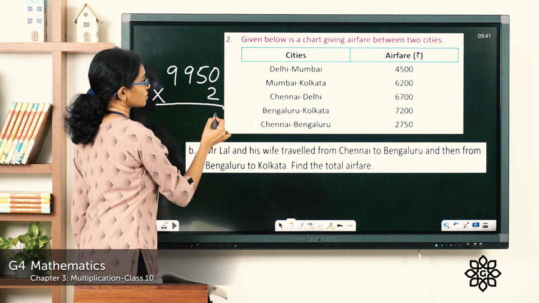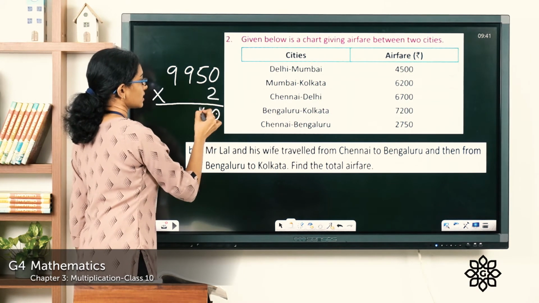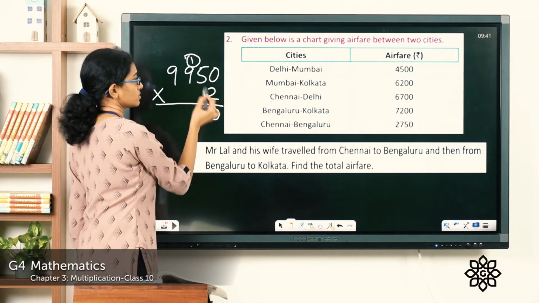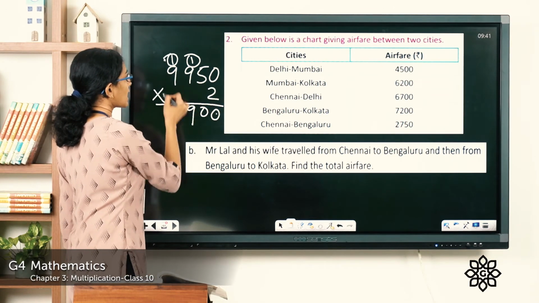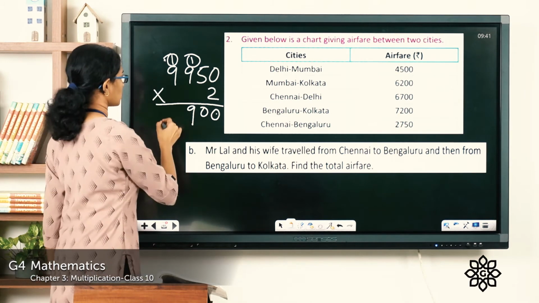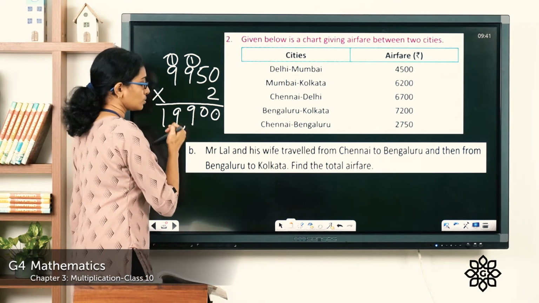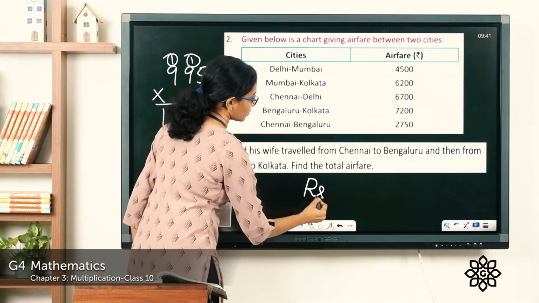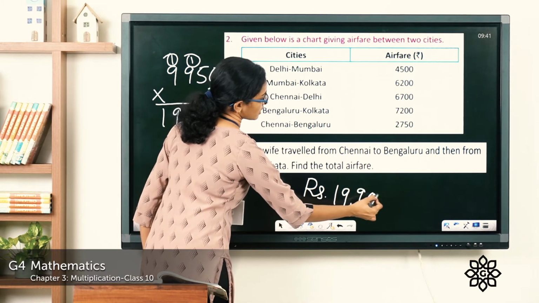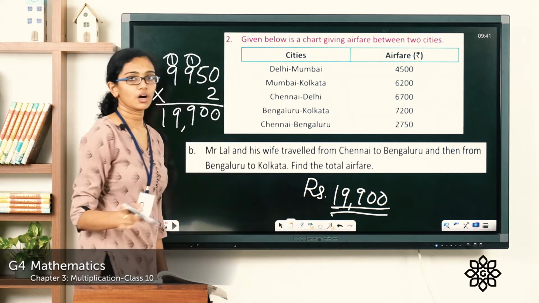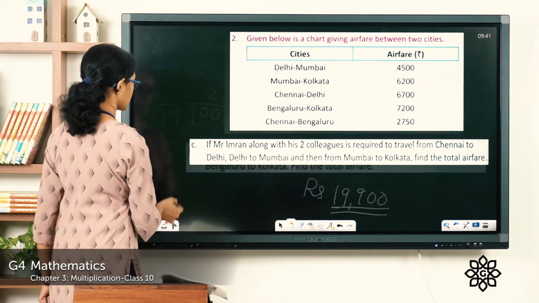So 0 into 2, it's 0, 5 into 2, 10, carry over 1, 9 into 2, 18, plus 1, 19, again a carry over 1, 9 into 2, 18, plus 1, 19. So the total airfare for 2 persons would be equal to 19,900. Hope this is clear to you. Let's see the next question.